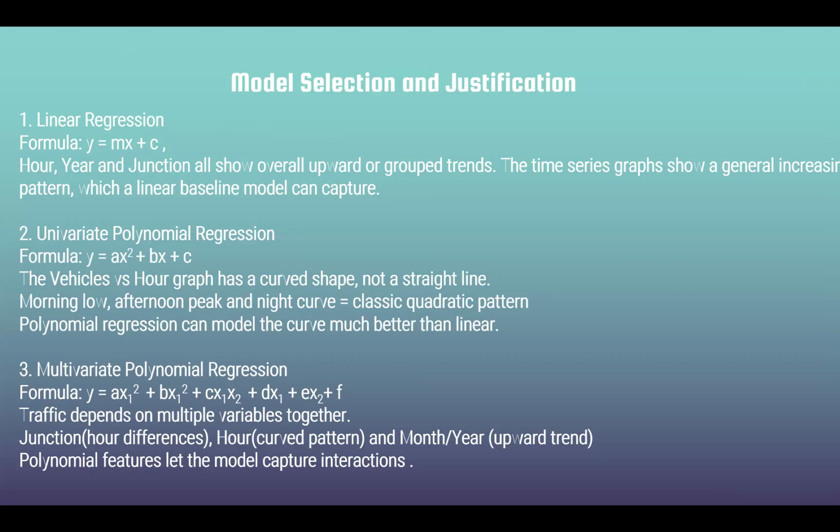Then for the polynomial regression, the formula y equals ax squared plus bx shows a classic quadratic pattern. Then lastly, the multivariate polynomial regression: traffic depends on multiple variables, junction, hour, and month. Hence, it captures the interactions.